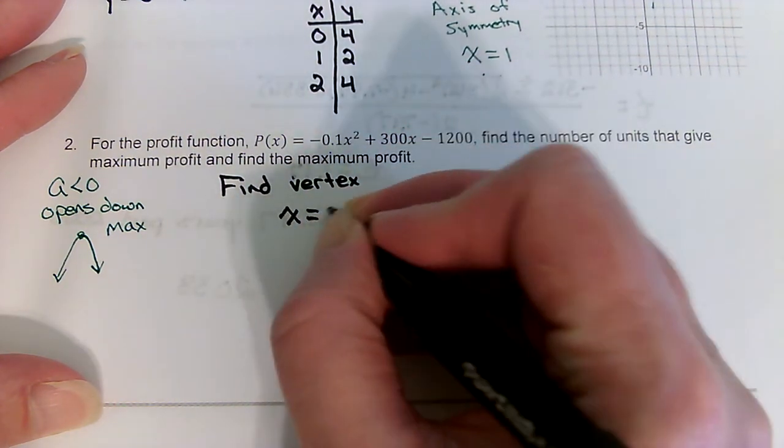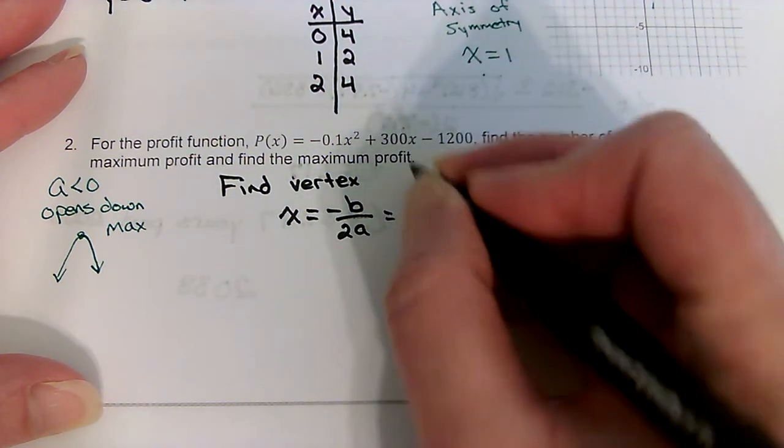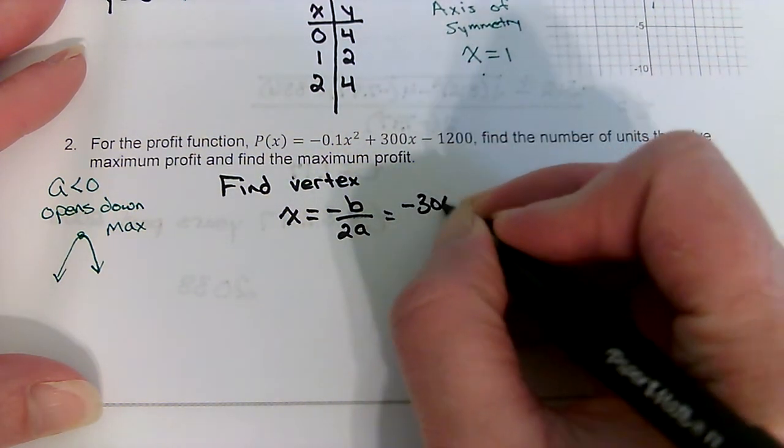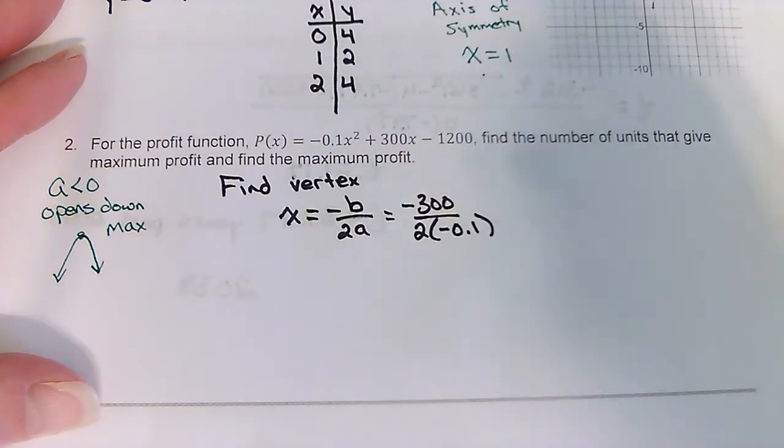So x equals negative b over 2a. So let's see, b is 300 over 2 times negative 0.1.